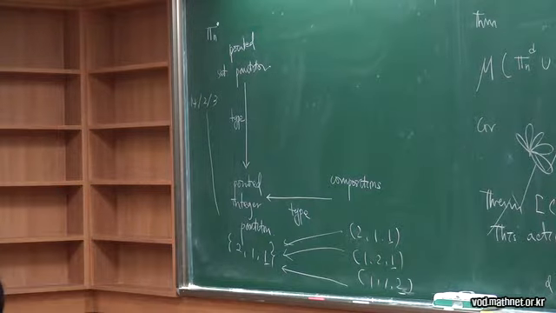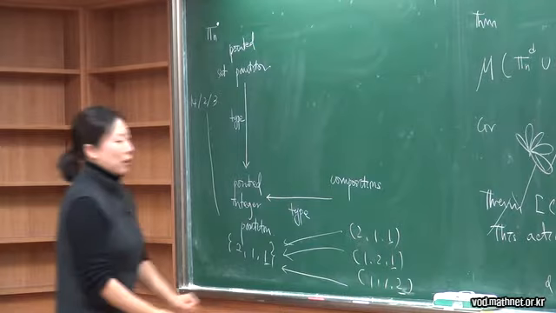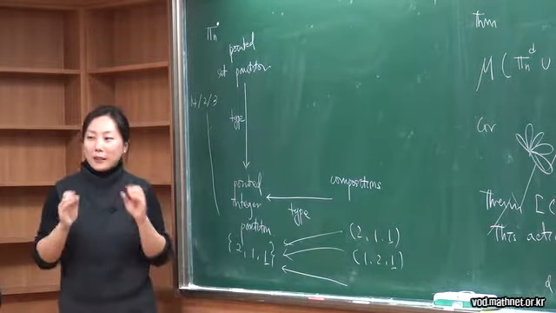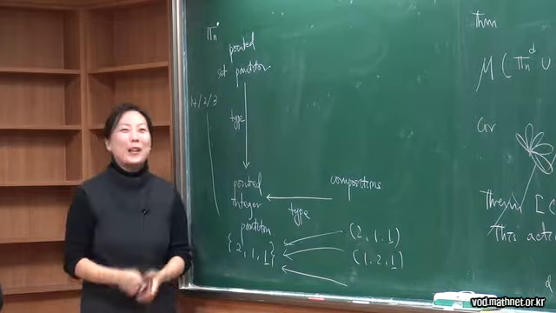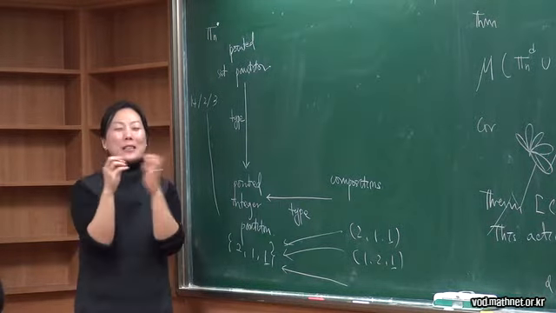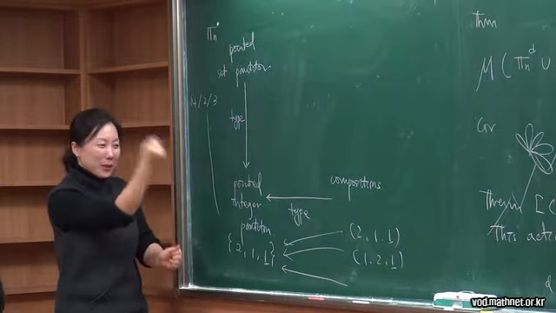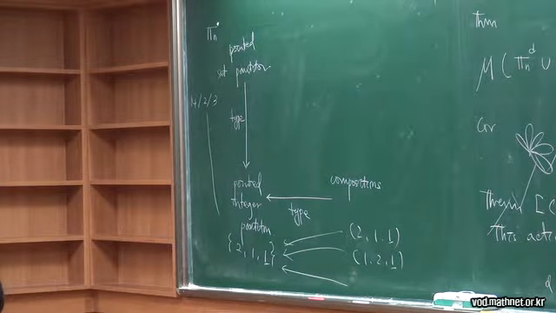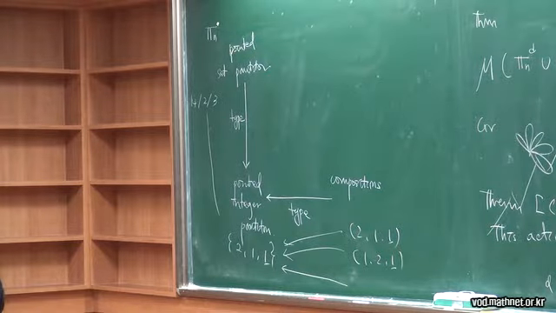Why is this 1, 1, 2 marked equal to this 2, 1, 1 marked? It's my fault, sorry. Yes, you're right. The last one is the pointed one, so you cannot permute the last one. Keep the last one and permute only the others. But the pointed integer partition is allowed to have the same number appearing many times. It's a multiset.